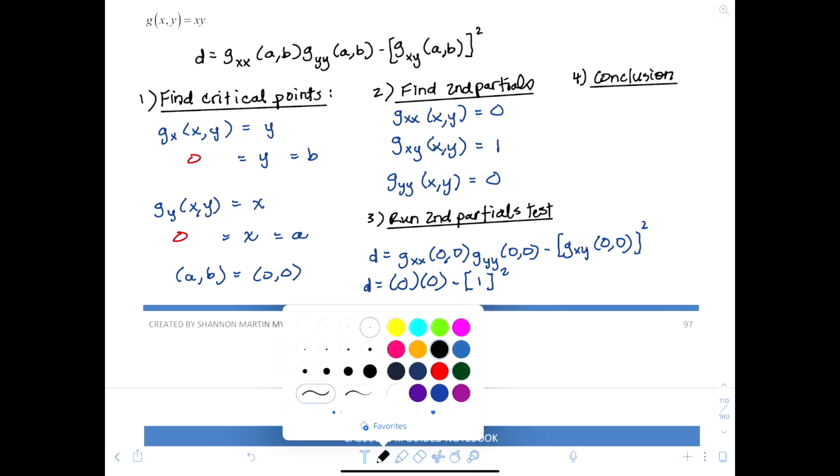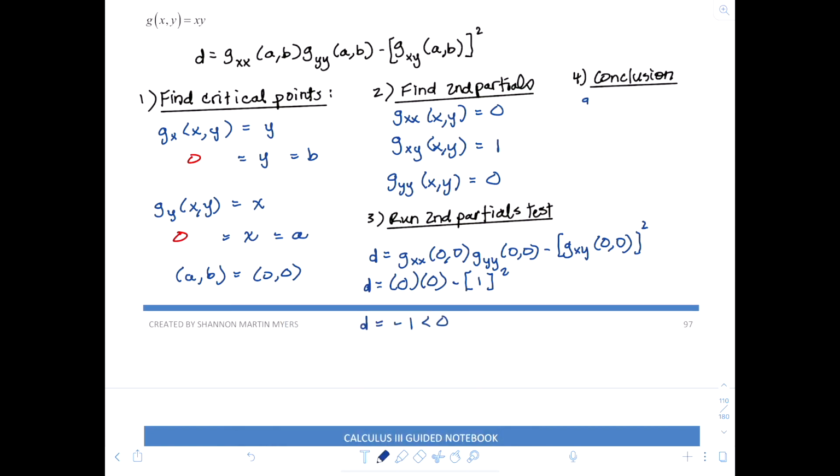And so we would just say g at 0, 0 is equal to 0 times 0, which is 0. So there's a saddle point at the ordered triple 0, 0, 0.